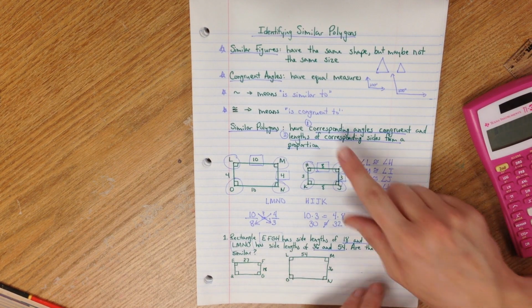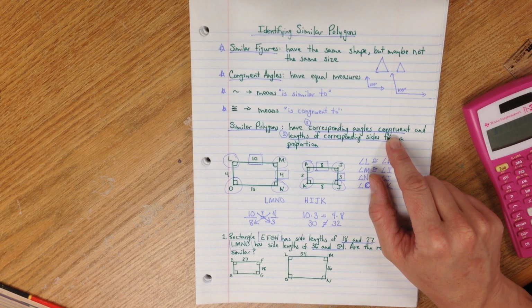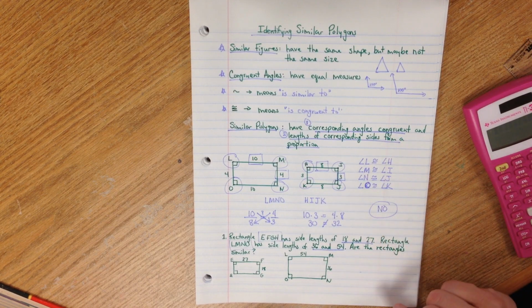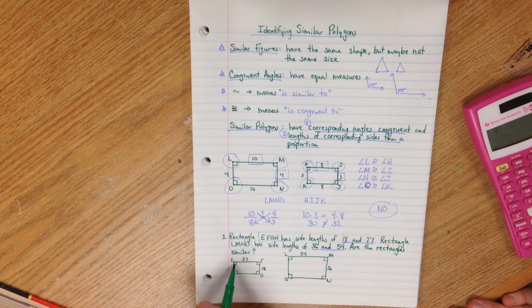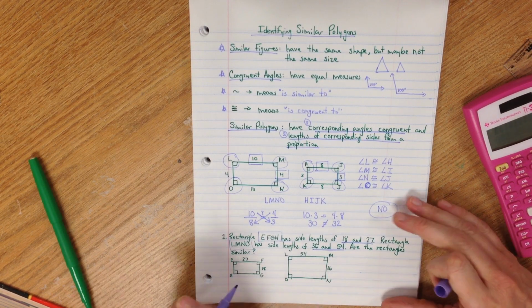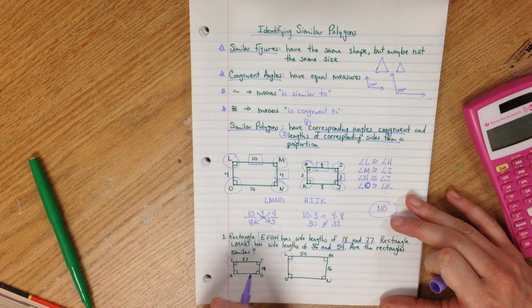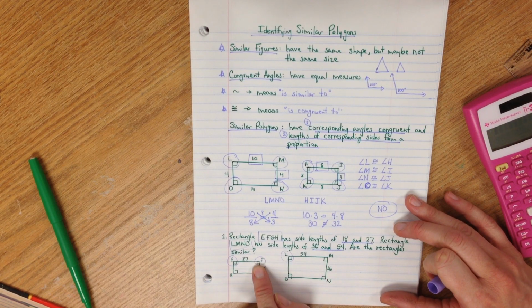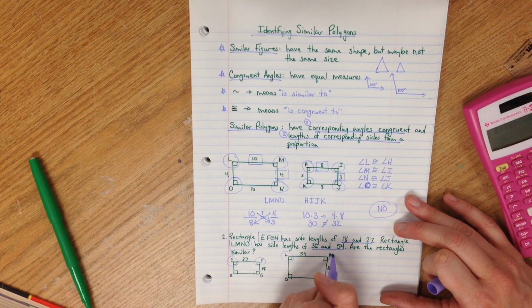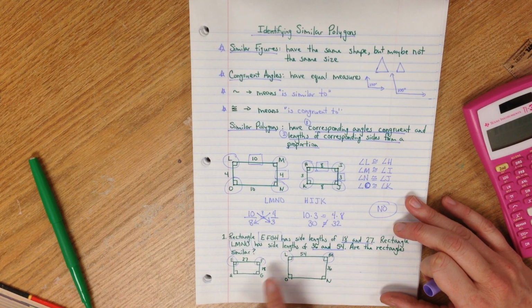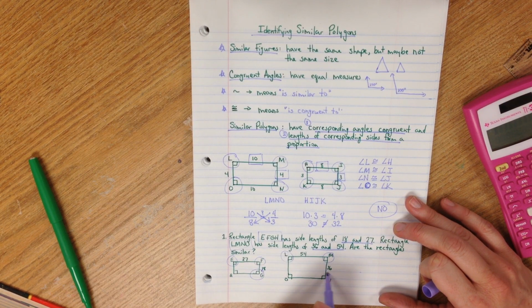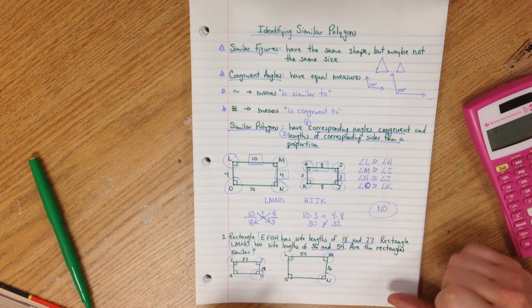Okay. First test, are the corresponding angles congruent? Well, yes, they all are, because angle E is 90 degrees. Its corresponding angle, angle L, is 90 degrees. Angle F is 90 degrees. Its corresponding angle, angle M, is also 90 degrees. Angle G, 90 degrees. Its corresponding angle, also 90 degrees.